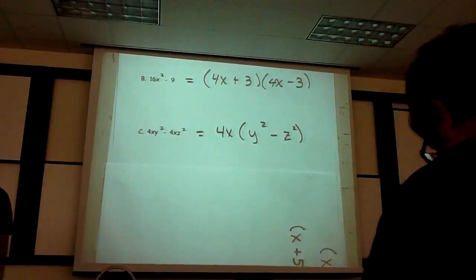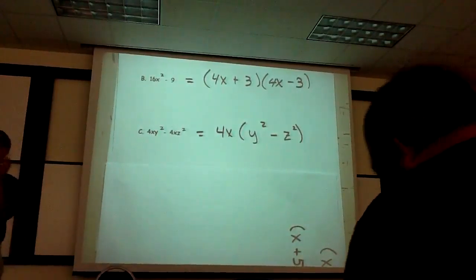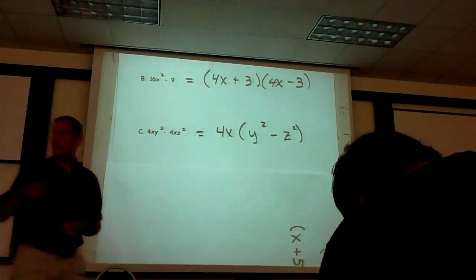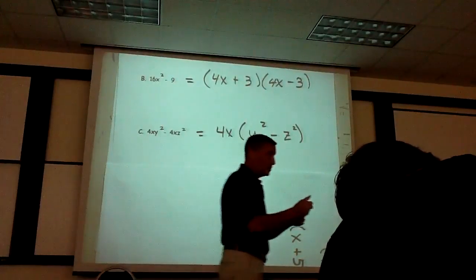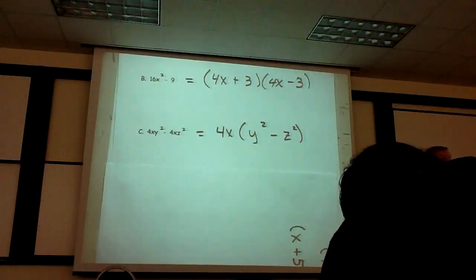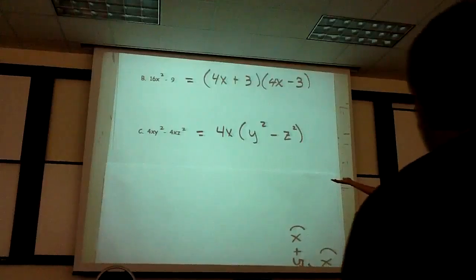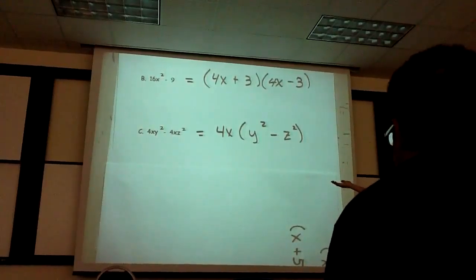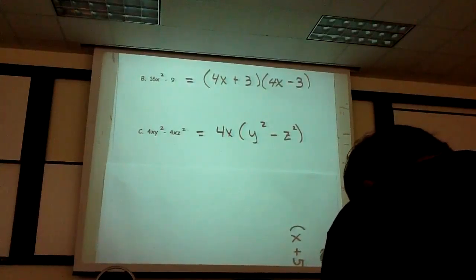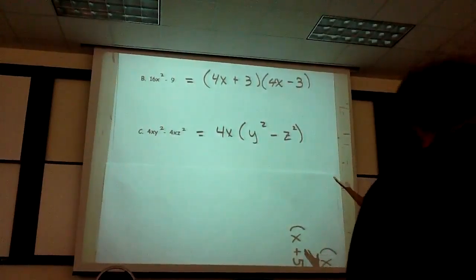Now, ladies and gentlemen, what do you notice about what is now in parentheses? Difference of two squares. Remember, I told you sometimes you're going to look at the first statement and go, I can't do anything with that. It's not the difference of two squares. But then you take out a common factor, and what happens? Difference of two squares is revealed.